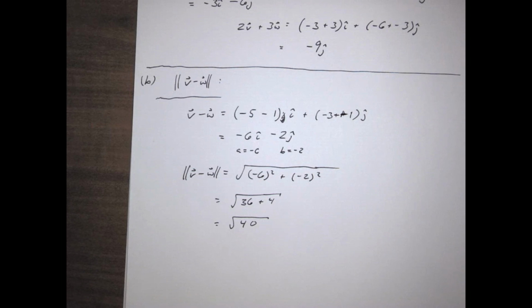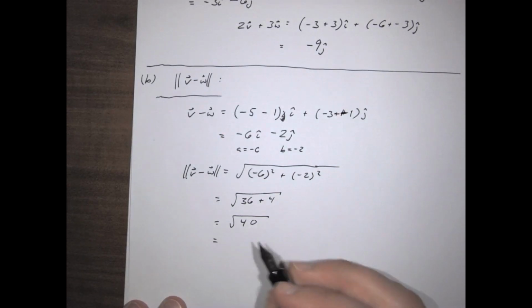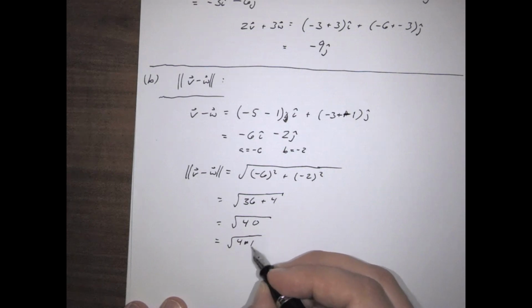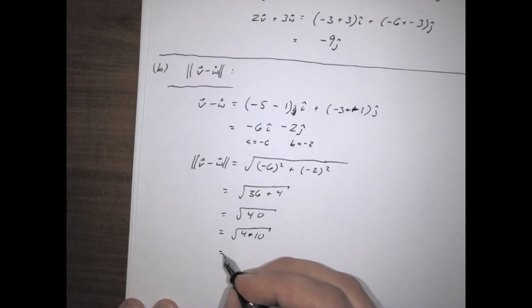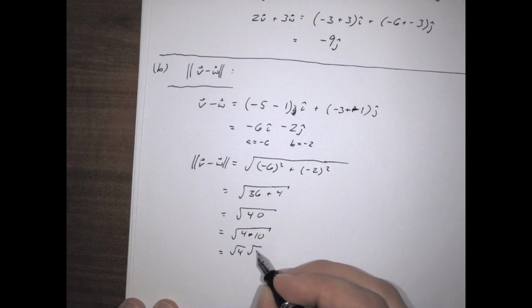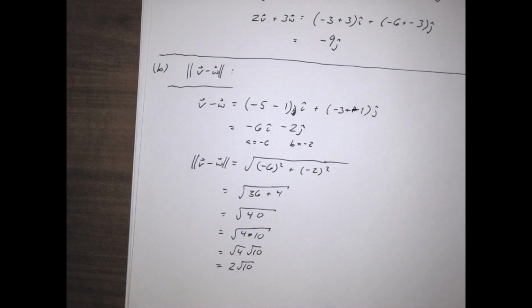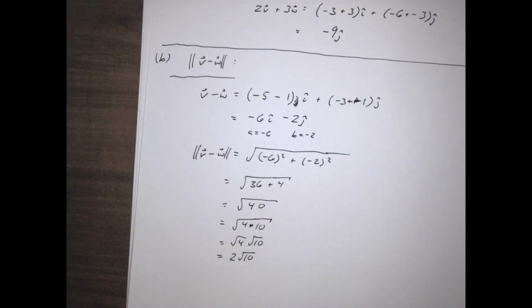I'm not quite sure yet, but I know at least it has a factor of 4. 4 times 10. And so then I can see that this is going to be root 4, root 10, which is just going to be 2 root 10. And there's nothing more I can really do here. 10 doesn't have any more perfect squares in it. If my original perfect square were not the biggest perfect square that was a factor of the number, then I would notice that by the fact that I would still be able to break out another perfect square factor of what was left. So that's how you would do something like that.